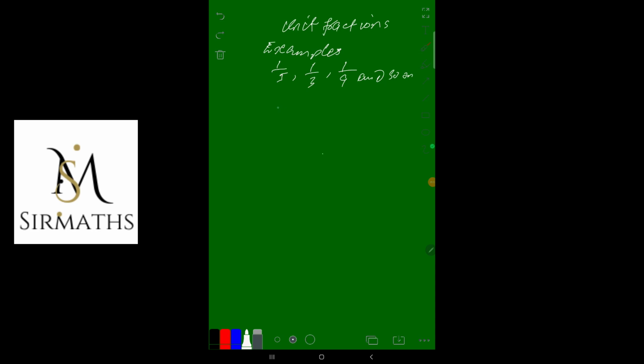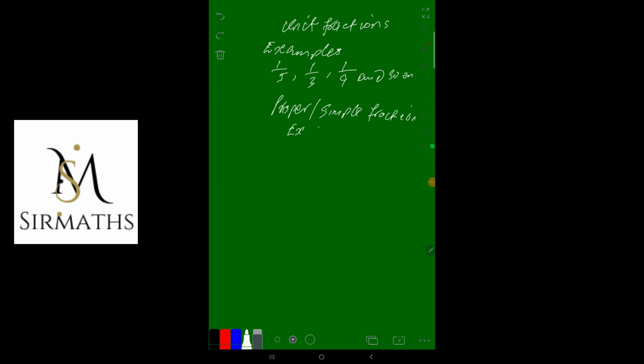We have proper or simple fraction. These are fractions, as we were told before, whose numerator is less than the denominator.